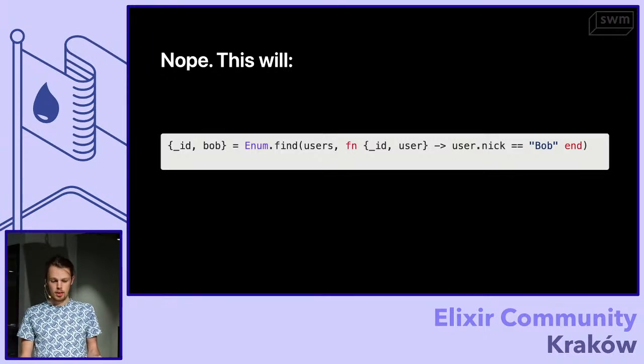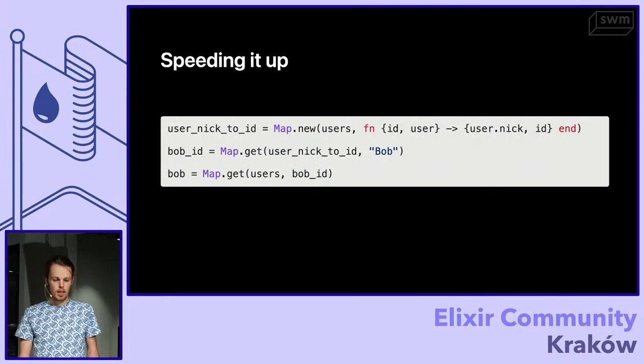It has to iterate over all the users potentially. So if we wanted to speed it up, we can do that, for example, like this. So we create another map that has user nicks as keys and their IDs as values. And then we can retrieve the user ID quickly by his nick, and then we can get the actual user passing the ID.